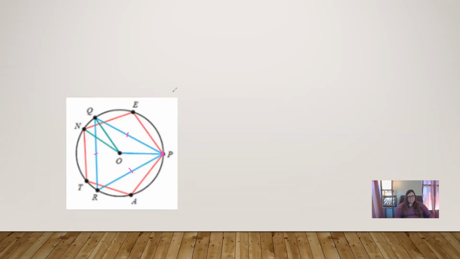And why is it a common vertex? A common vertex is where the circle, the pentagon, and equilateral triangle all meet together. So that's our common vertex. And our center is O. It is the center of the pentagon, center of the equilateral triangle, and the center of the circle.